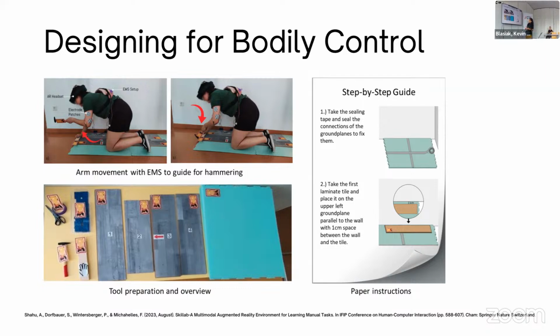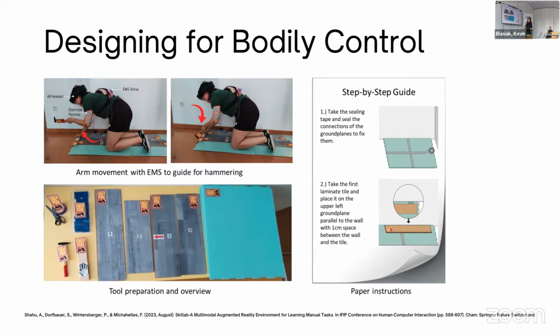We did it on the example of a floor lamination tutorial. We created a step-by-step guide using HoloLens, so an augmented reality guide, to teach someone the skill of floor lamination. We used electrical muscle stimulation to give some physical feedback, like how to place your body and where to put the objects.